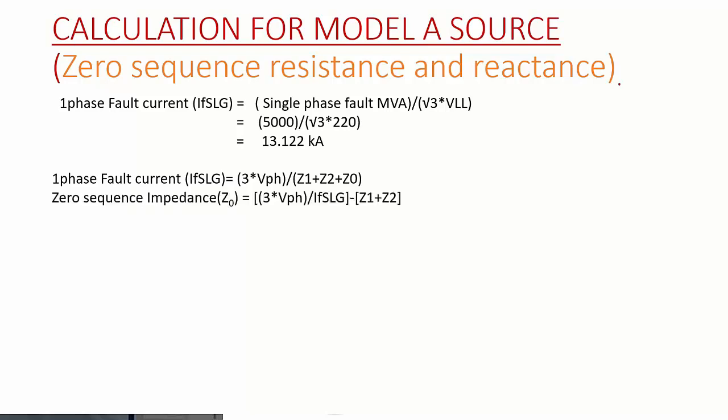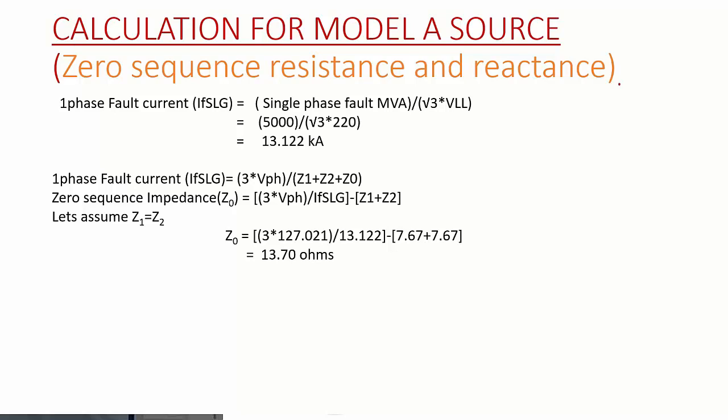So rewrite this equation so that you may find out zero sequence impedance, where we need phase voltage, single line to ground fault current and positive and negative sequence impedance. In fact, we will assume positive sequence impedance as negative sequence impedance, so that the Z0 value may be computed as 13.70 ohms.